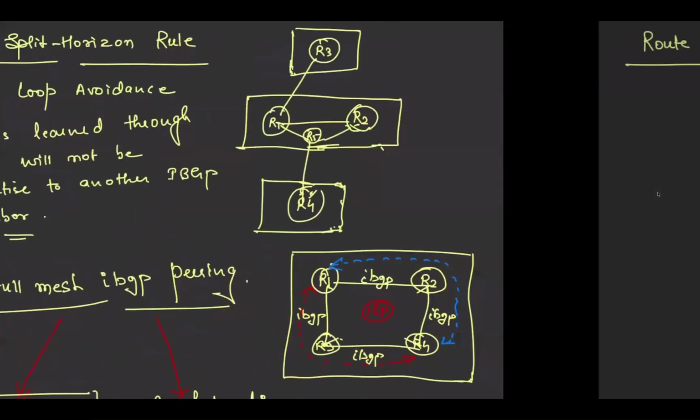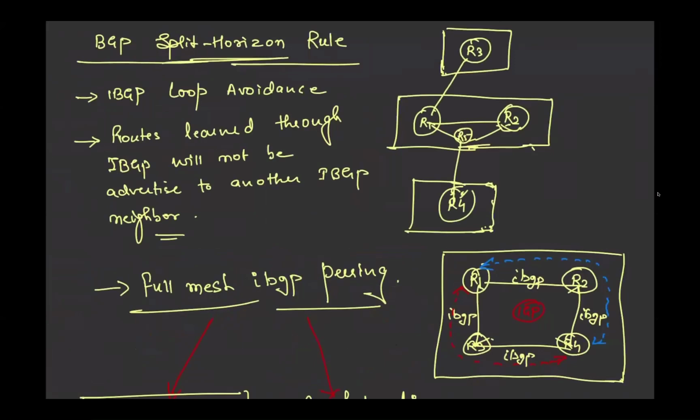So what do you understand by route reflectors? First of all, route reflectors are used to reduce your full mesh peering. This is the main reason for using the route reflector. And by the way, your route reflector is gonna modify the split horizon rule.